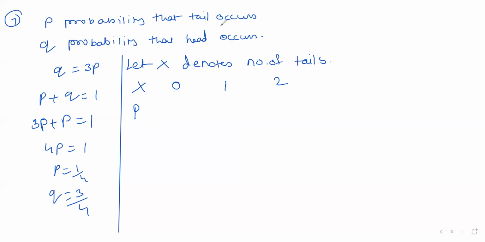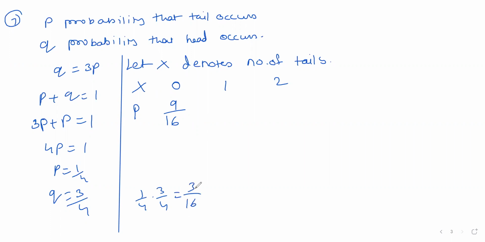So probability, no tail at all. So probability that tail doesn't occur means all 2 are heads. Head is 3 by 4, 3 by 4 into 3 by 4. So 9 by 16 is no tail occurs. Only one tail is 1 by 4 into 3 by 4. So that is 3 by 16.